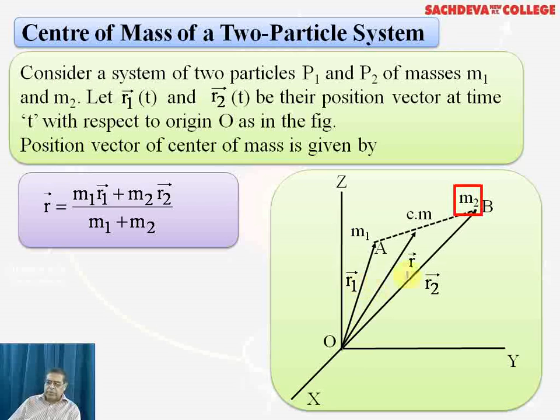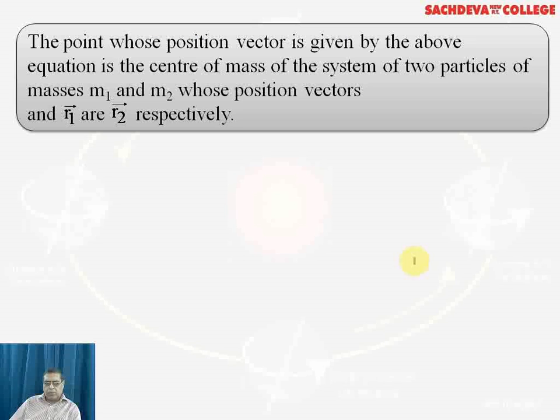And M2 is another mass and its position vector is R2. The center of mass is indicated as Cm, by a dotted line, and the position vector is R. So according to this figure, R will be (M1 R1 plus M2 R2) divided by (M1 plus M2).